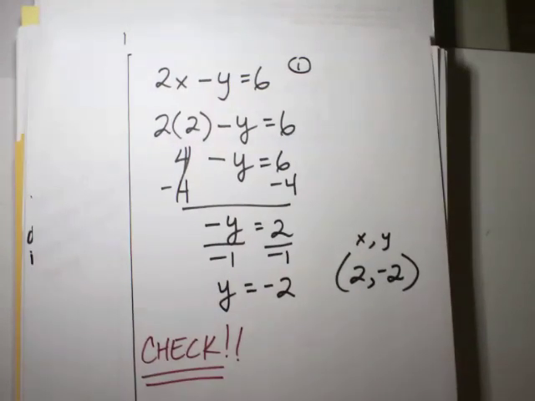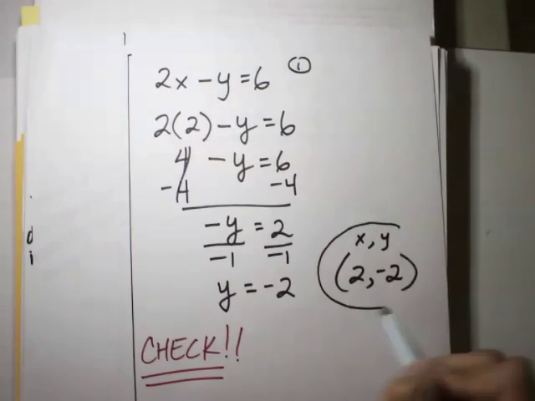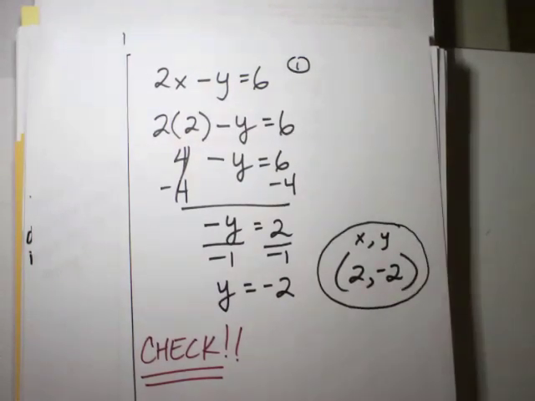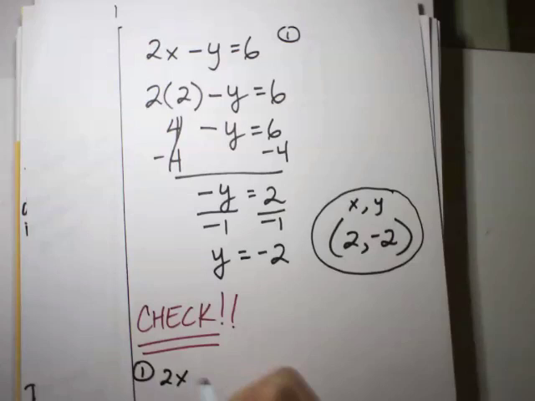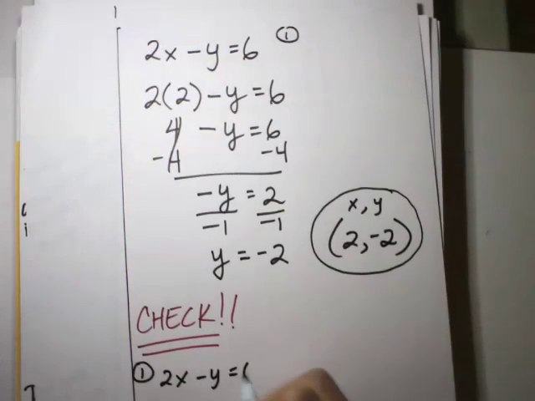Okay. To check your work, remember this solution is the solution, the intersection of both equations. So it has to satisfy both equations. When you are checking your work, you want to substitute in x and y into both equations. Let's start with equation number 1. 2x minus y equals 6.